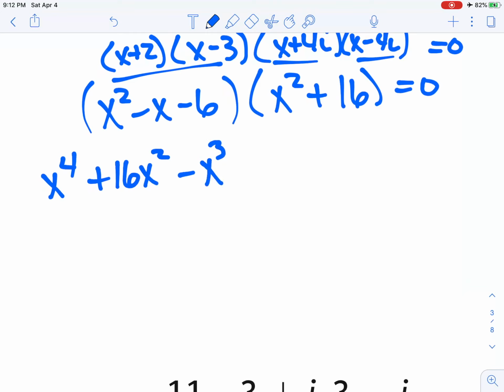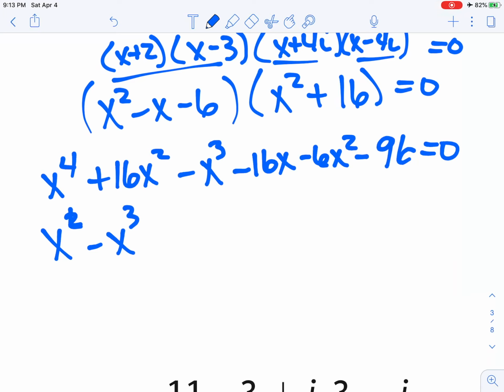Negative x times x squared gets negative x to the 3rd. Negative x times 16 is negative 16x. Negative 6 times x squared would be negative 6x squared. And negative 6 times 16 gets negative 96.